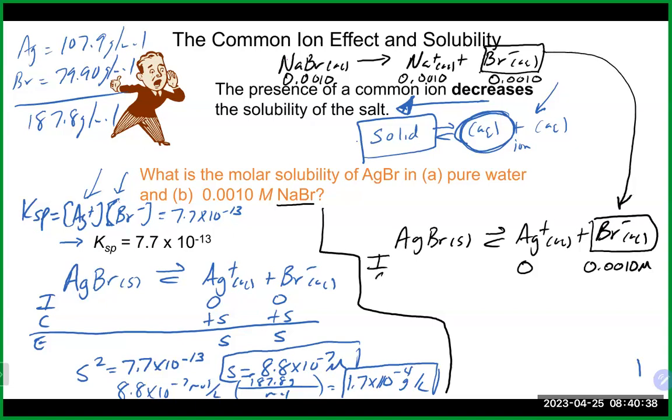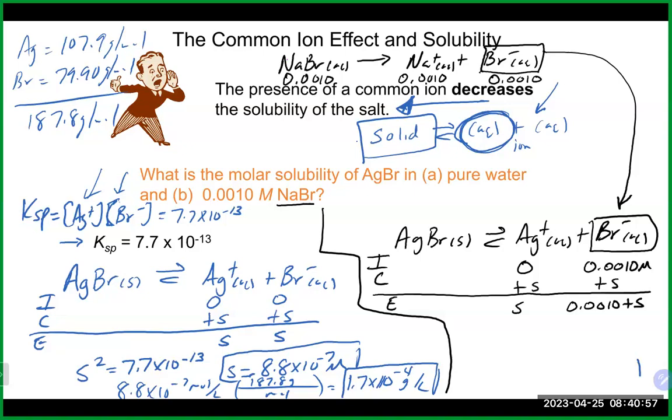The change part here would be plus S and plus S, which means at equilibrium here, we would have S and 0.001 plus S in this case. Any questions on that there?